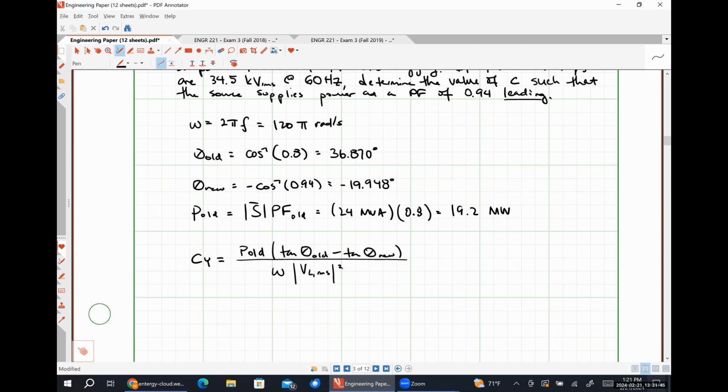Do I need to do anything to that line voltage in order to take into account that I have a Y connection?